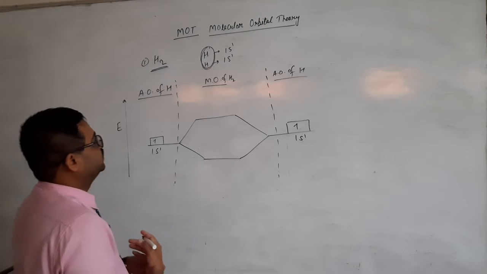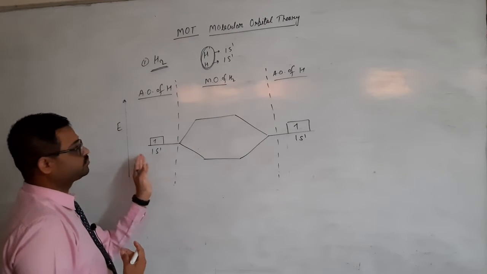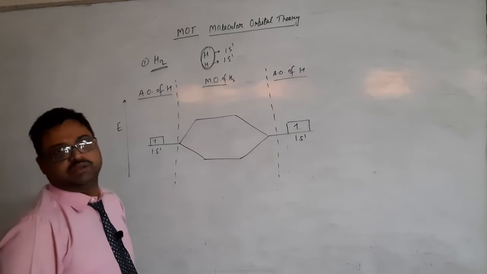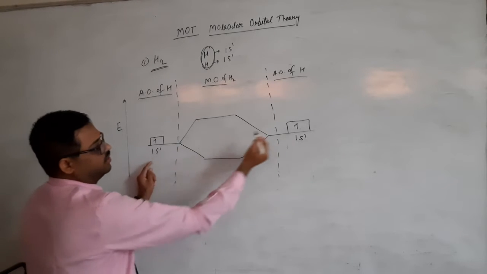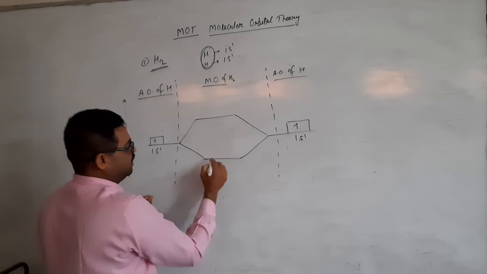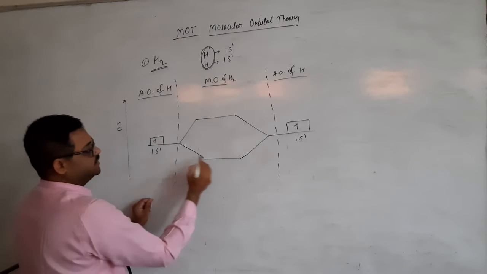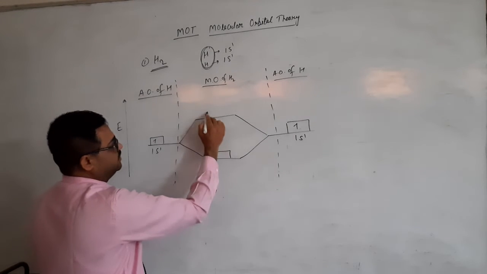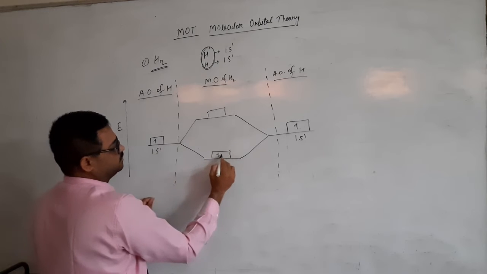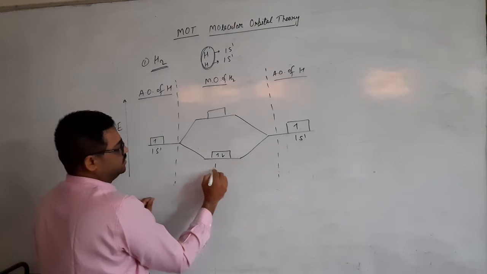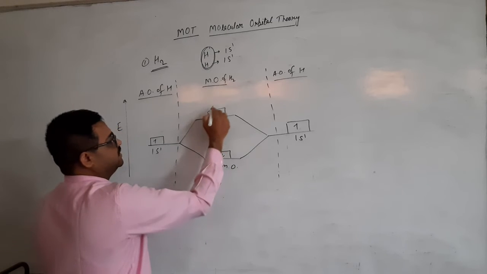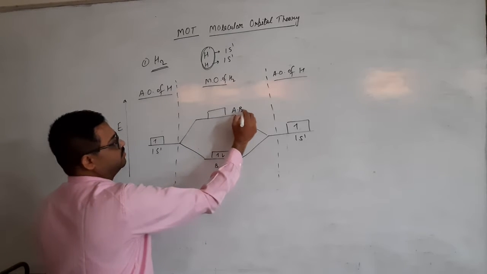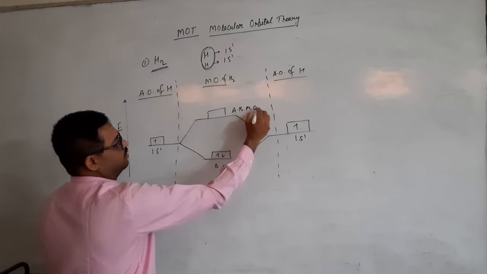Clear? So here the mixing of atomic orbitals will take place. How? You can see one electron and one electron will come here. According to energy, the electrons will first be filled here. This is the bonding molecular orbital, and this is the anti-bonding molecular orbital.